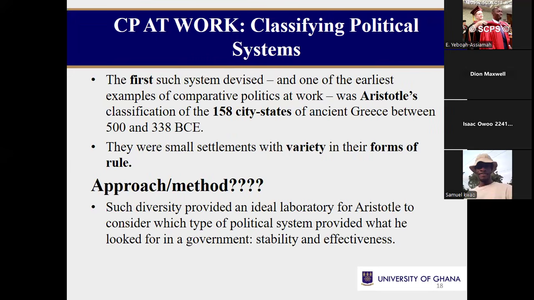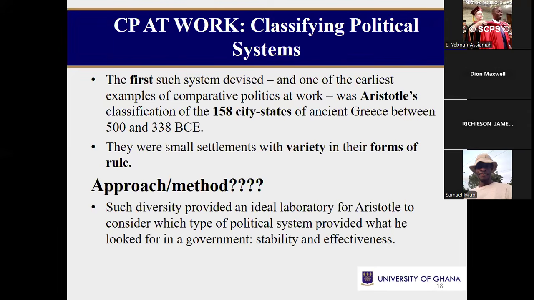Now, what approach did comparativist Aristotle use? The diversity in their rule provided the ideal laboratory for him to consider which type of political system provided the best government in terms of stability and effectiveness.